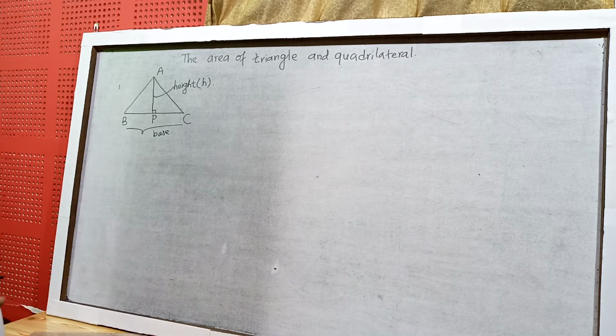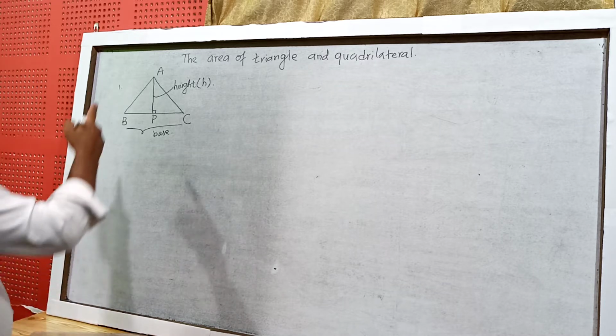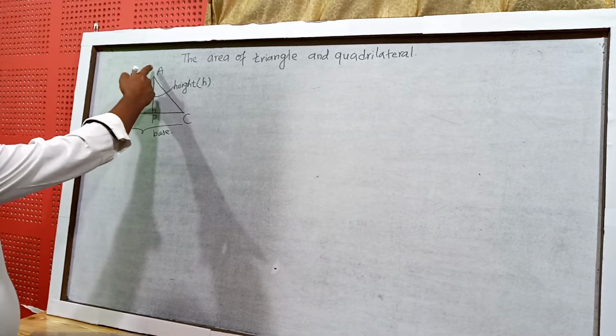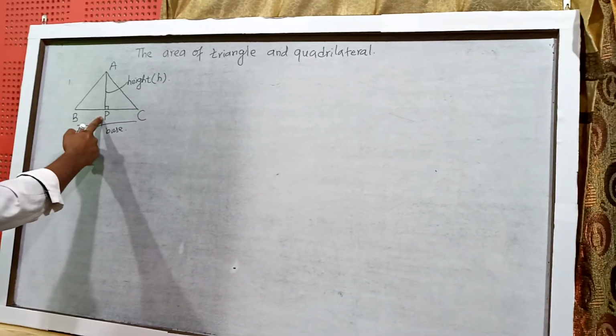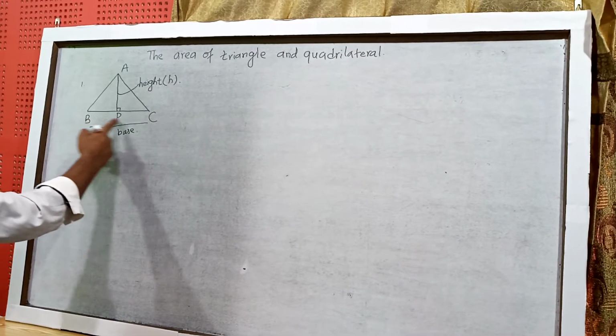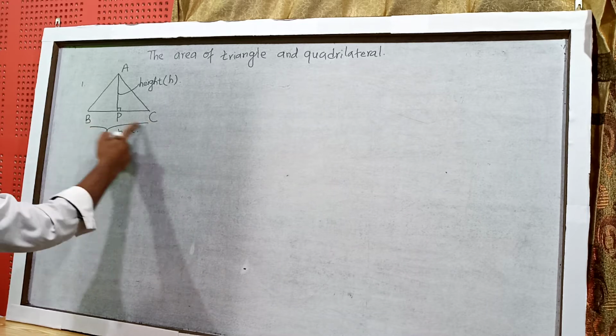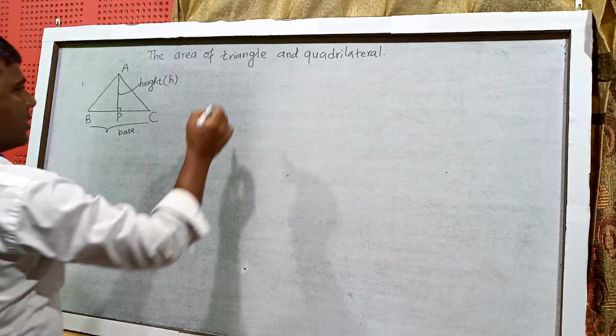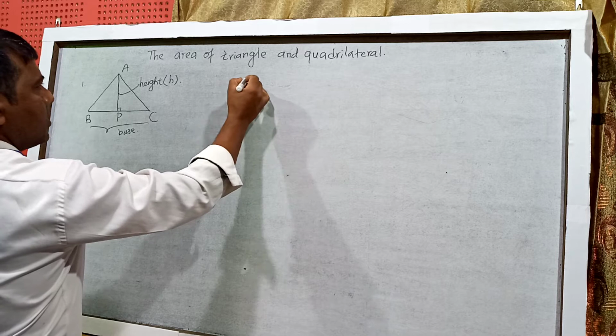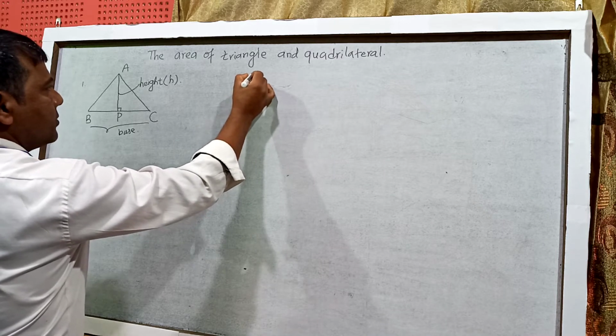The side on which we draw the perpendicular is called the base. Here we have drawn AP perpendicular to the base BC, so BC is the base. Let's look at another triangle.